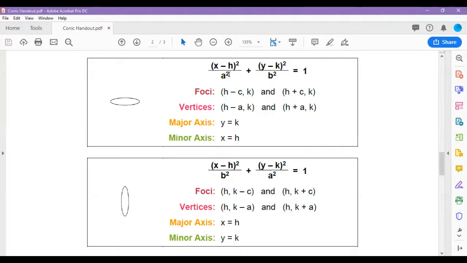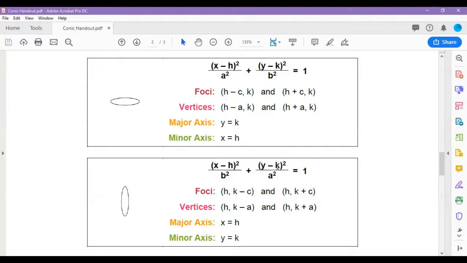And then the part that gets associated with a squared is the longer axis. So for example, this one is squashed horizontally, so the x piece gets the a squared, and the y piece gets the smaller b squared. This ellipse is stretched vertically, so its major axis would be parallel to the y-axis.